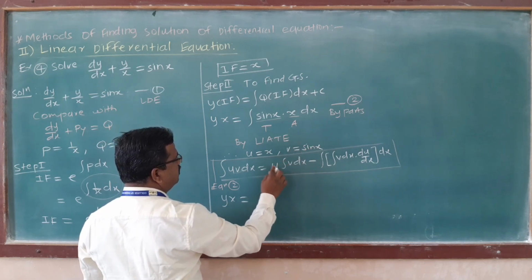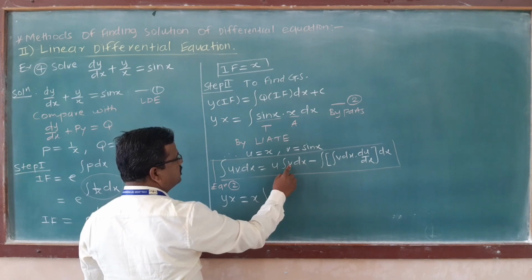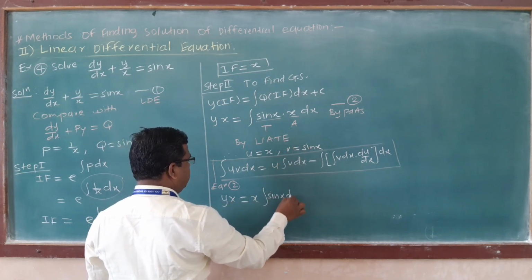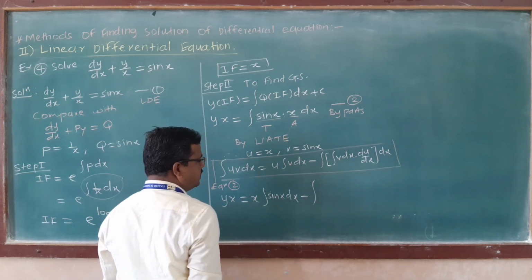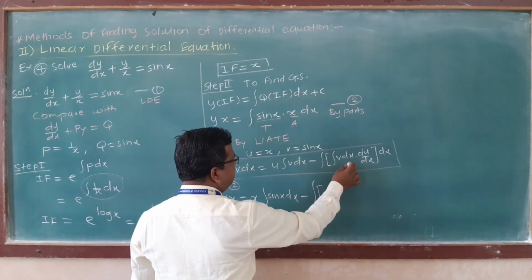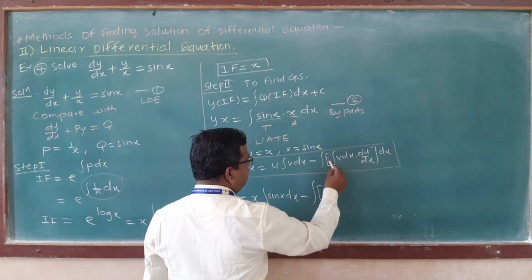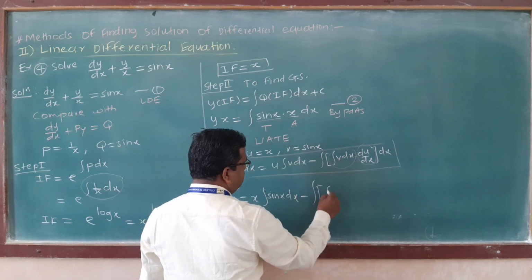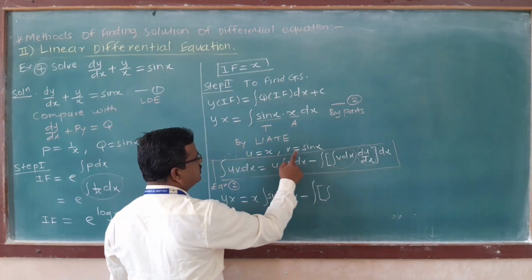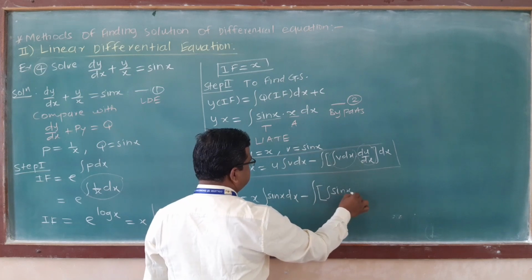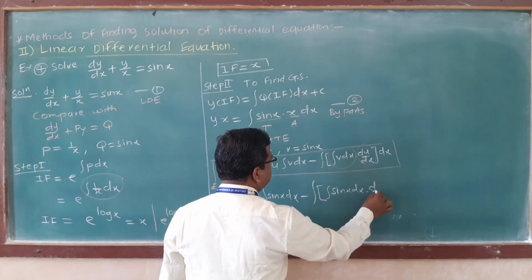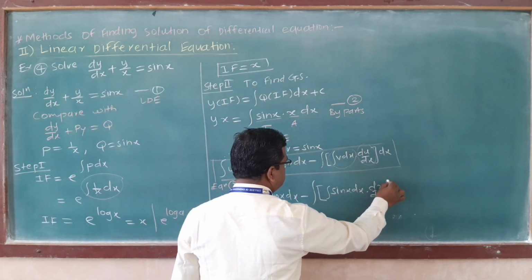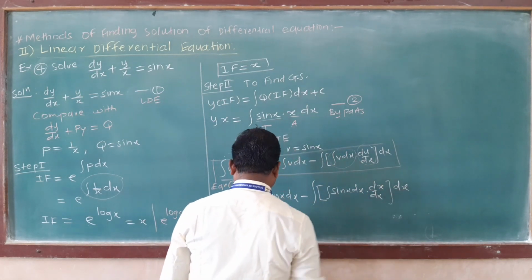Put the values: u means x, integration of v means sin x dx, minus integration of, square bracket, here is a product of integration of v and the derivative of u. Integration of v means sin x dx into d by dx of u, that is x, with respect to x.